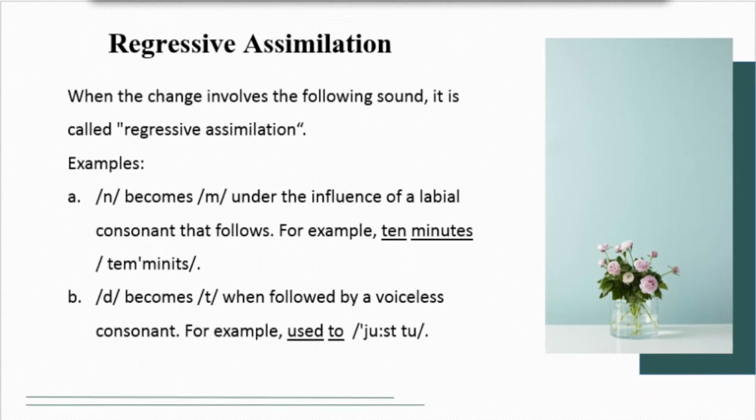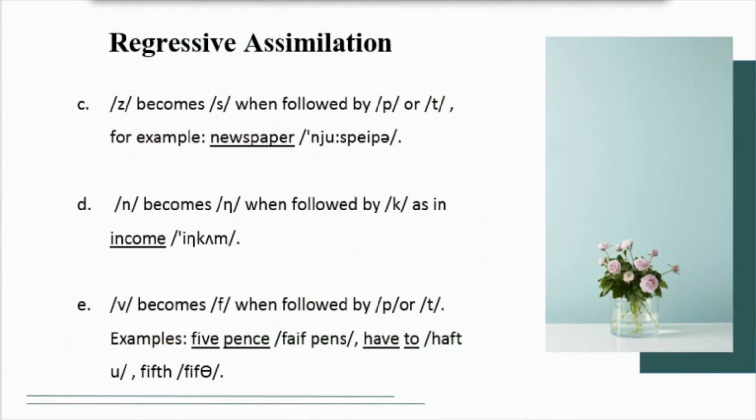For example, ten minutes. We can read it ten minutes. Second, d becomes t when followed by a voiceless consonant. For example, used to. Next is z becomes s when followed by p or t sound.